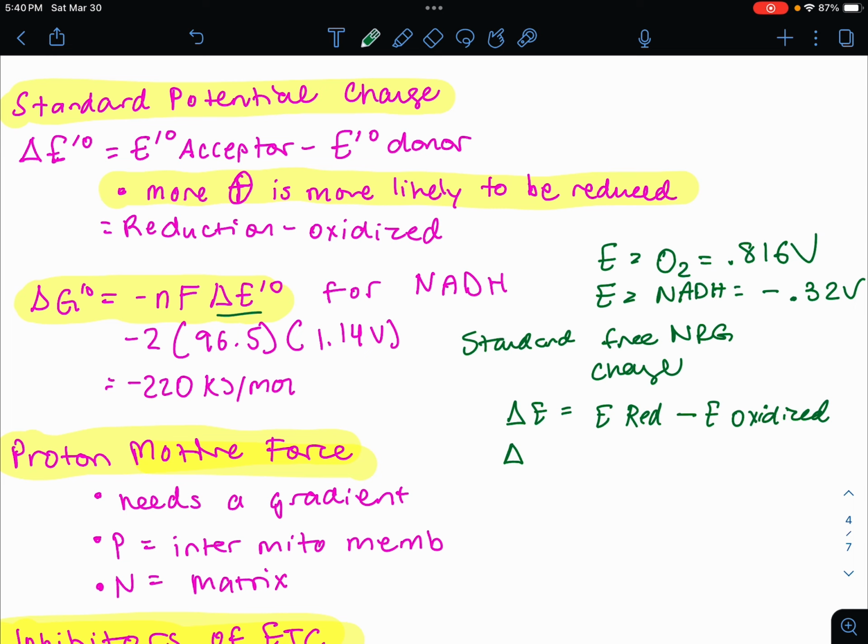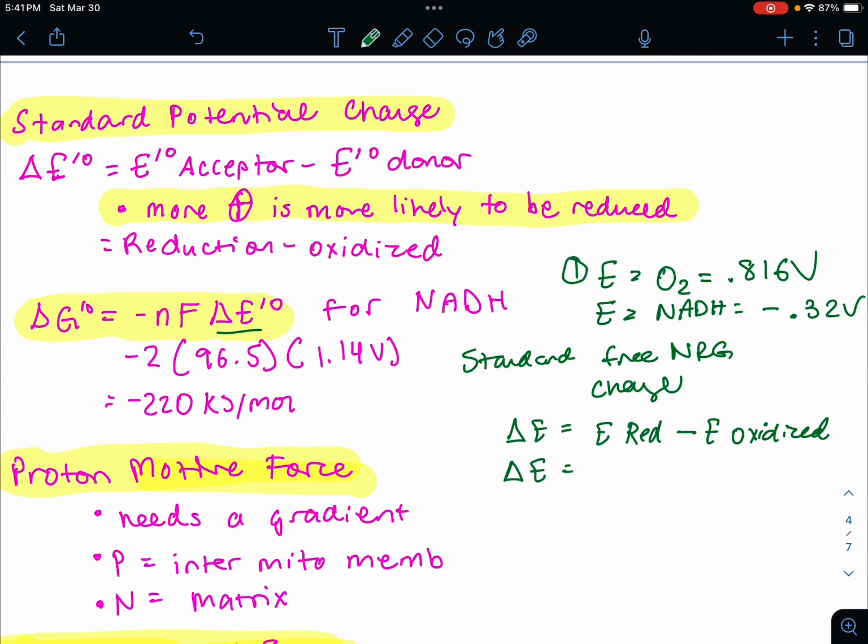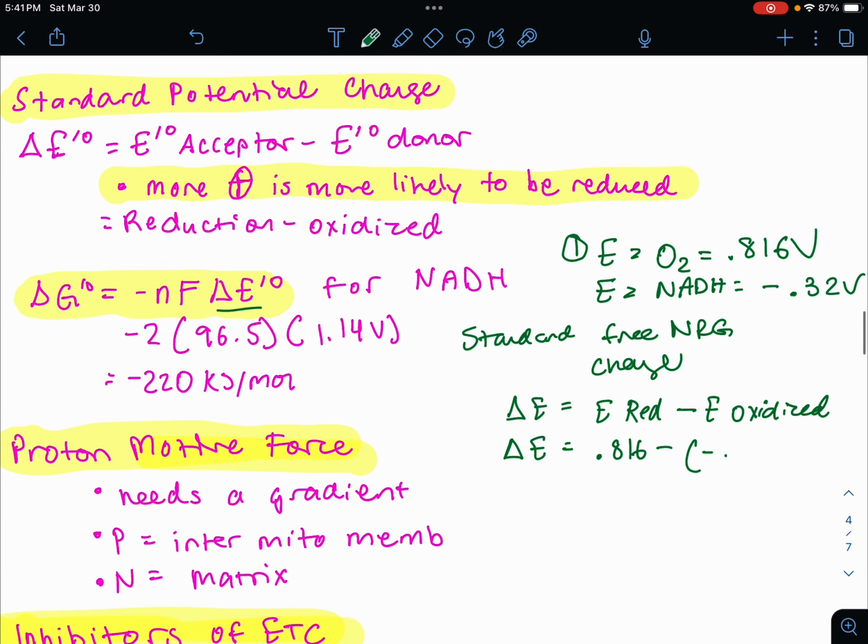Okay, so that means delta E is equal to our number for oxygen, which is a larger number than the number for NADH. So we're going to put that number for oxygen first, again because it's the more positive number. So 0.816 minus a negative 0.32. That will get us to 1.14 volts.